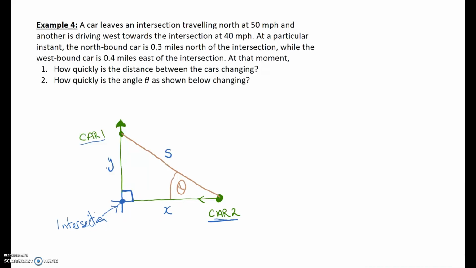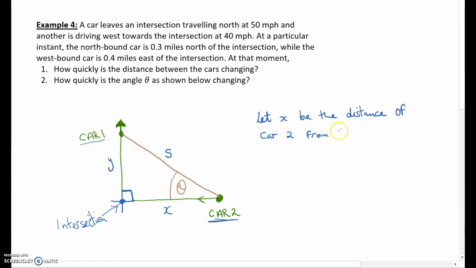This is something hopefully after having done the last 3 examples you realize the importance of. So let X be the distance, strictly speaking the displacement, of car 2 from the intersection.